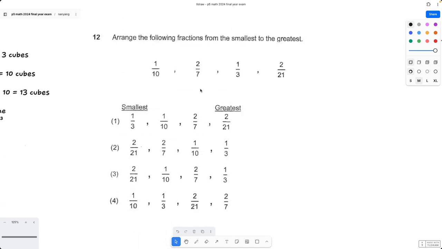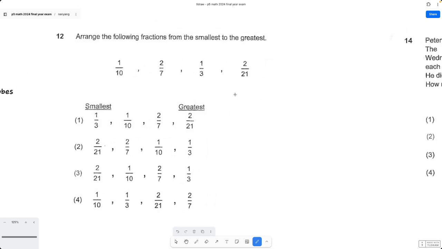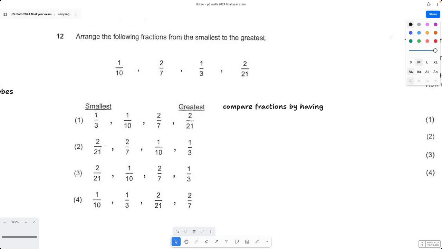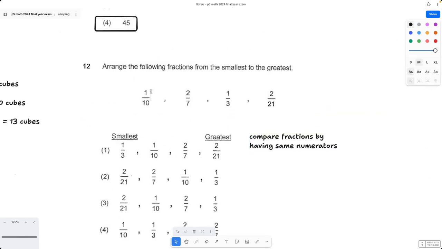Question number 12. Okay, arrange the following fractions from the smallest to the greatest. So we can make the numerators the same. So compare fractions by having same numerators. So in this case over here, we times 2. Okay, and then we times 2.